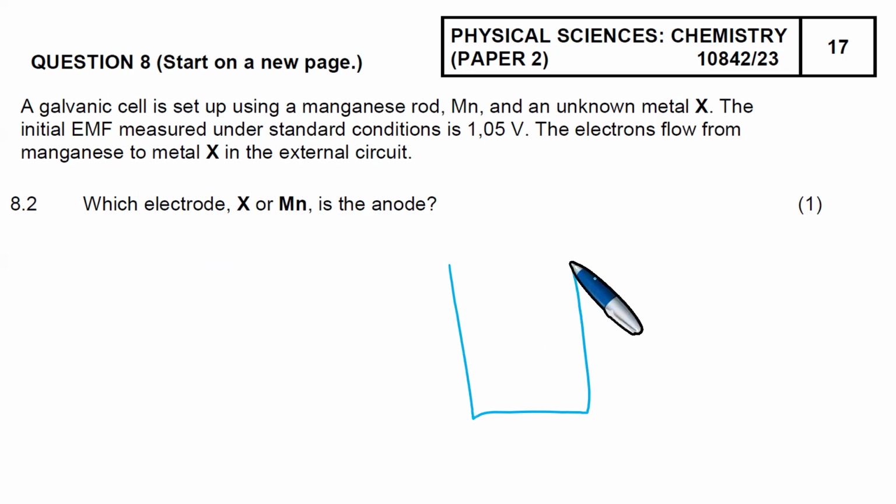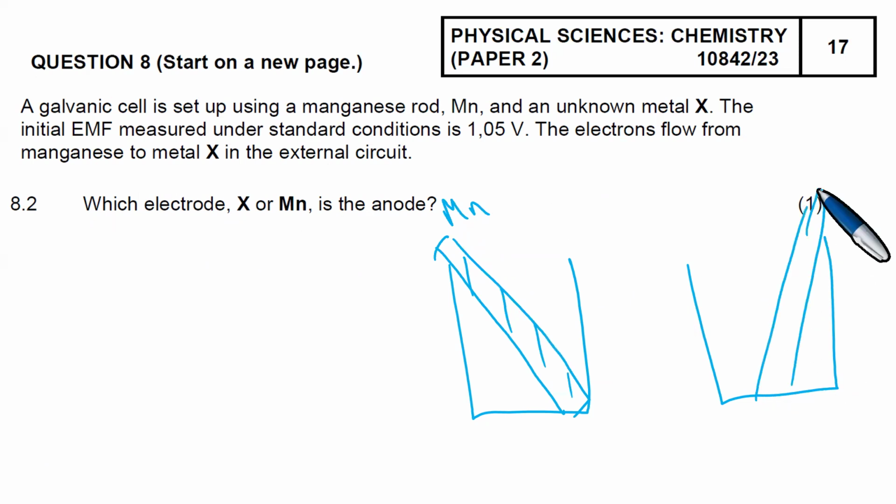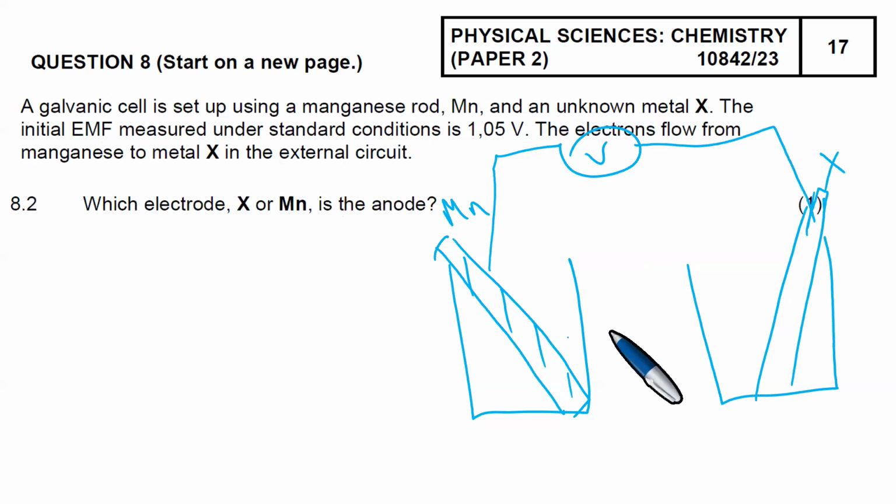You take the beaker like this, and then you put the manganese rod here, and then you put another metal. Then you connect your voltmeter here. You are in the science lab and do this.